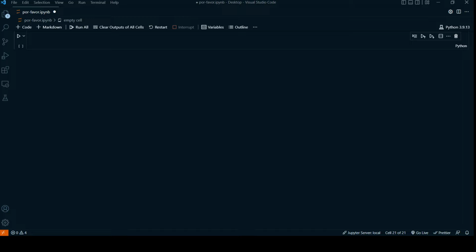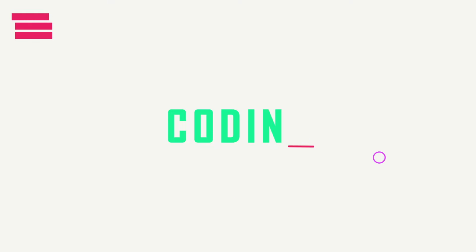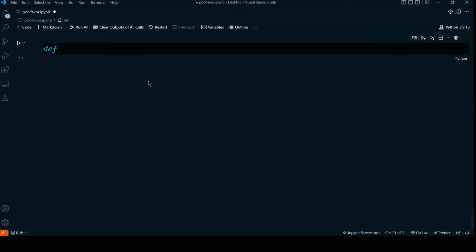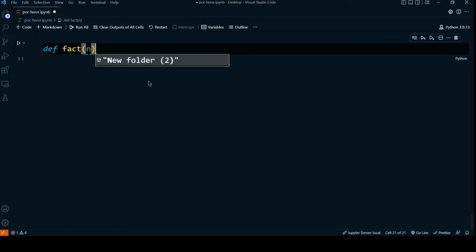Okay, so make sure you know this thing very clearly. I'll start with the example of this factorial only. Let's say I'm defining a method fact, and it has a number n.